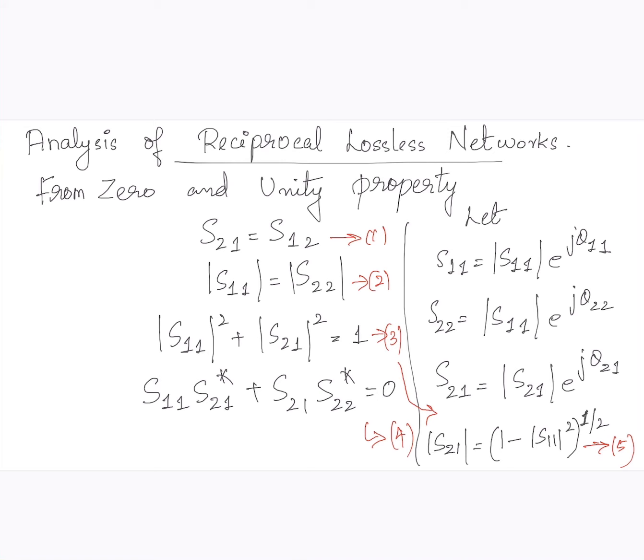So let us assume that S11 is given in terms of magnitude and phase. Let us consider S11 is equal to |S11| into e raised to j theta 11. S22 is equal to |S22| into e raised to j theta 22. S21 is equal to |S21| into e raised to j theta 21. So from equation 3 we can write |S21| is equal to root of 1 minus |S11| square.